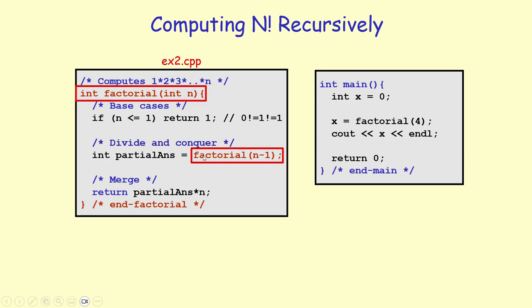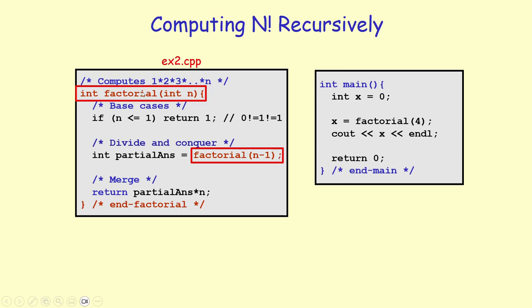Otherwise, we go into the divide and conquer step, where we ask, what is the smaller subproblem that has the same definition as the original problem, but has a smaller scale? That will be factorial n minus 1. If we know the solution to factorial n minus 1, which we can easily compute recursively using the same function, because the size of the original problem is n, this is a smaller problem.